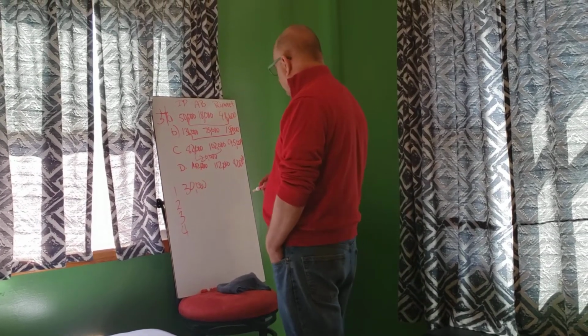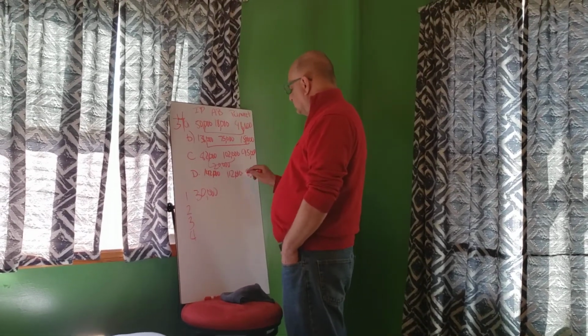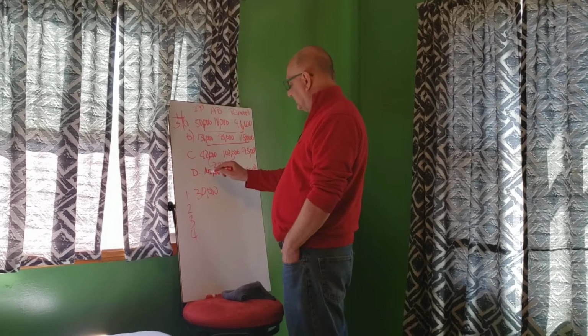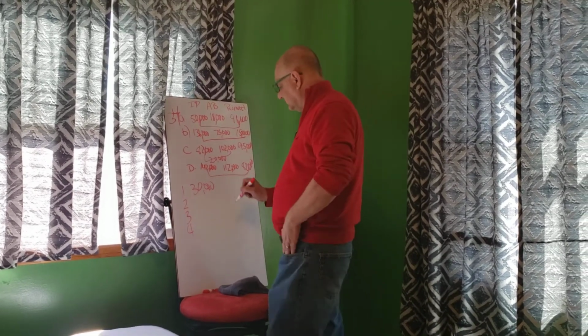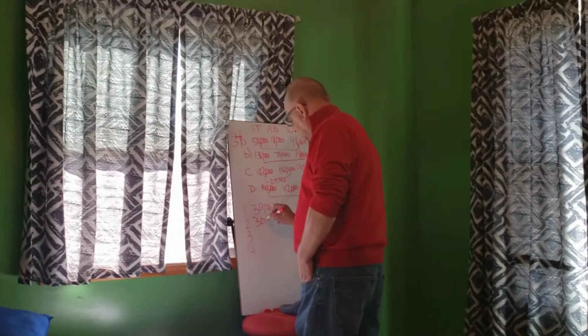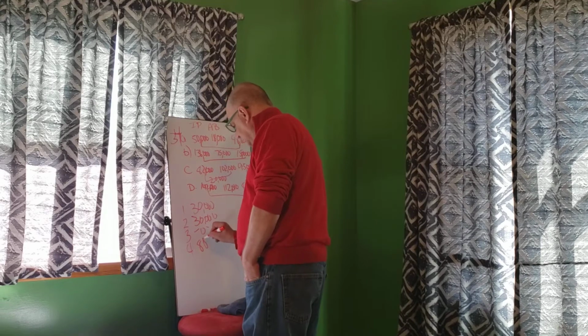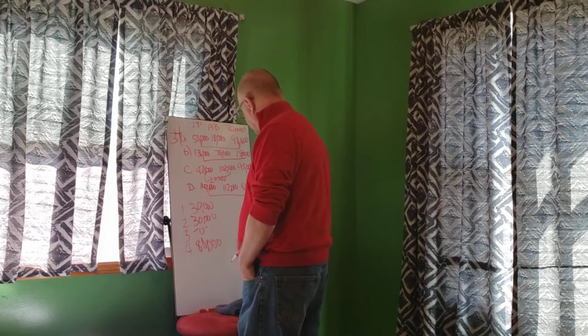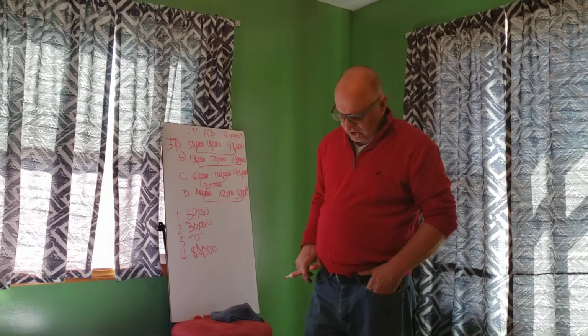My recognized gain is the lesser of 62, the amount not reinvested, or my realized gain of 30, so that's going to be 30. Nothing deferred, and so my basis in my new asset then is going to be this amount of $80,000.